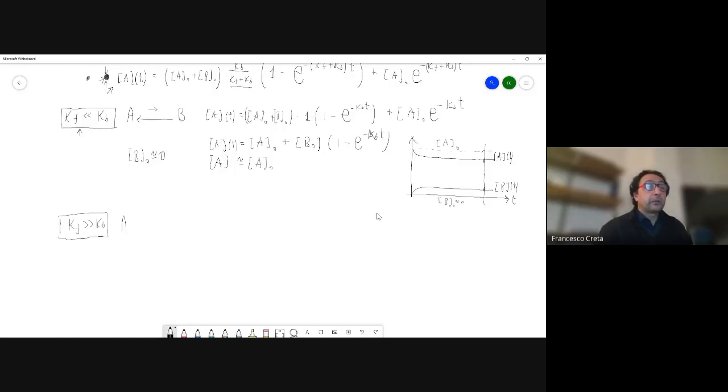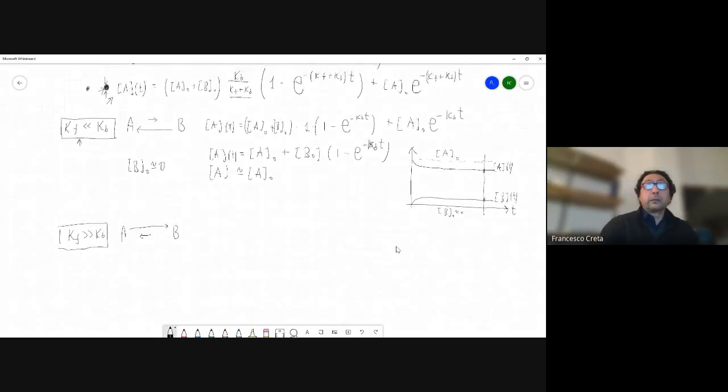We can schematically represent this with a larger arrow to the right. Let's now go back to the overall solution, which is this one here. Where is it? Okay, over here.